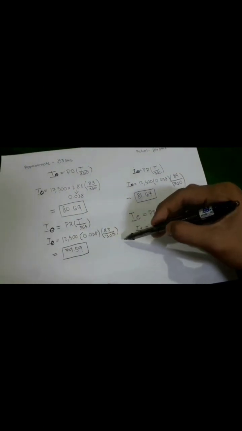Now, let's get the exact interest using the actual number of days. So, PRT over 365 days. Let's arrange it. 12,500 times 0.028, still using 84 days, the actual number of days, over 365, because we are using exact interest.